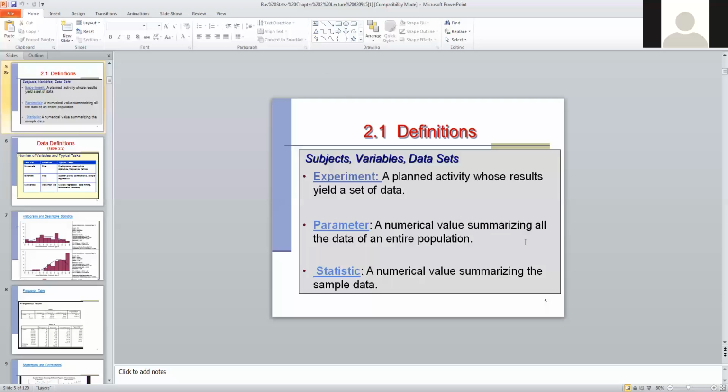When we look at a value summarizing all the data of an entire population, that's a parameter. But when we summarize sample data, that'll be a statistic. We'll be getting into statistical analysis a little bit later, but for right now, we're going to just focus in on some other issues.